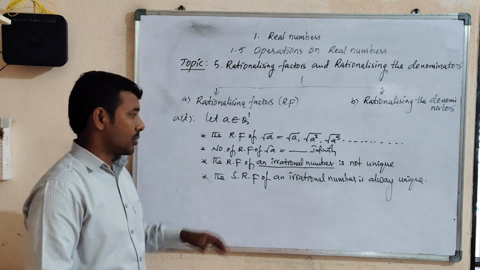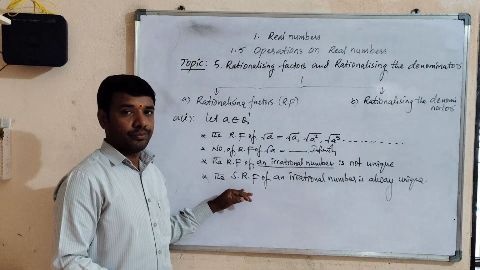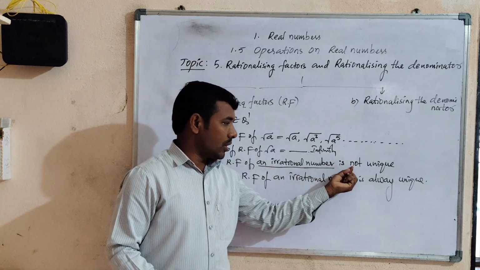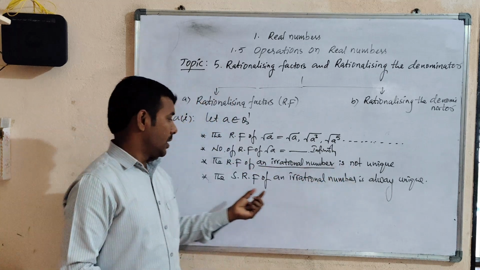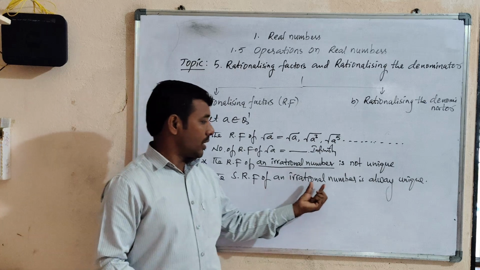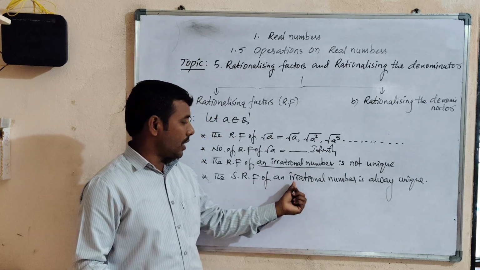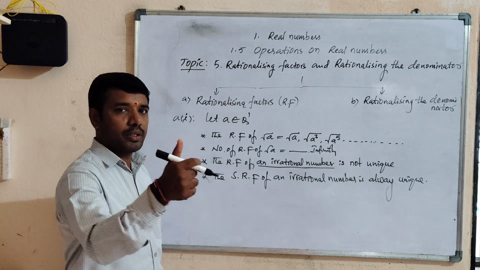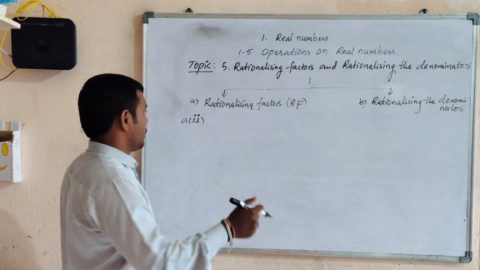I think understood these two things. The rationalizing factor of an irrational number is not unique. The smallest rationalizing factor of an irrational number is always unique. Okay, students.